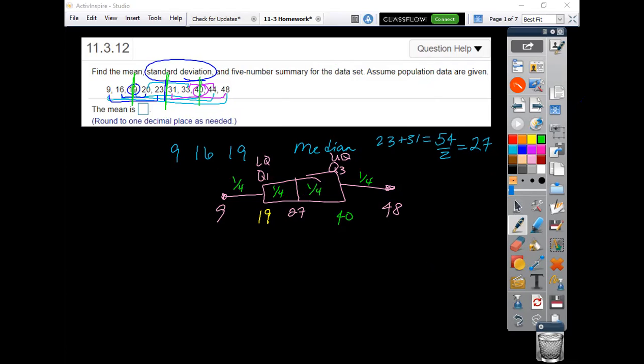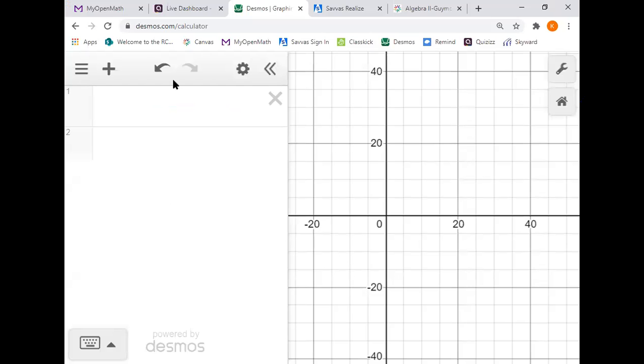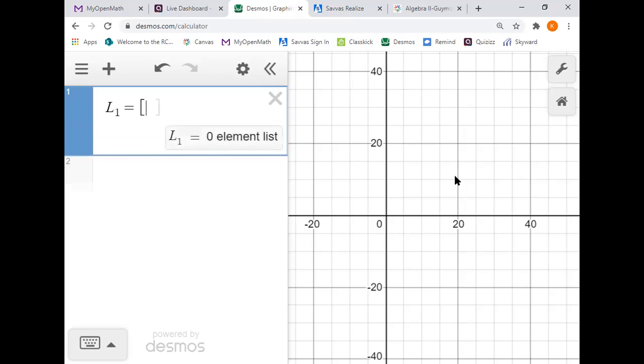Okay, we do. Let me take out some of the other equations I've been working on in there. So let's share a Desmos screen here. You put your numbers that you're trying to analyze in a list. So you can just do a plain L, or I'm going to put L sub 1. And then the list of numbers go in a square bracket.